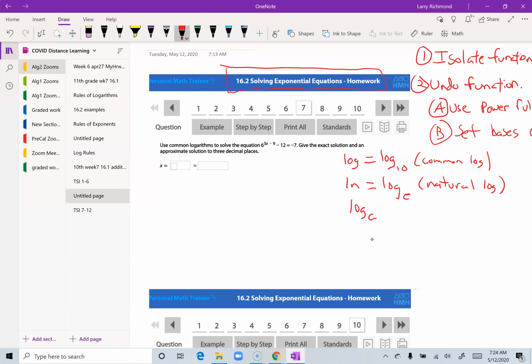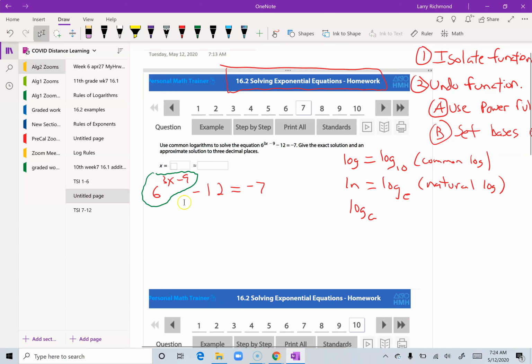Alright, so we have the equation 6 to the 3x minus 9, minus 12, equals negative 7. Well, the first thing we're going to do is isolate our function. That is, isolate the exponential, the base to whatever power the variable is in.